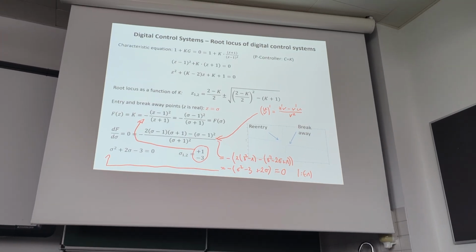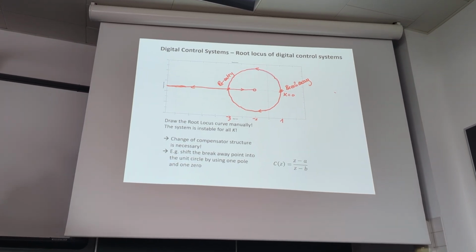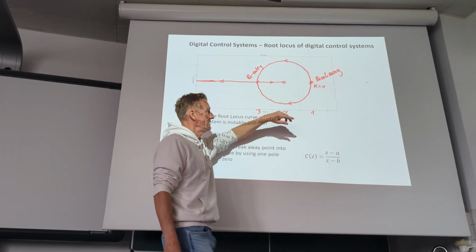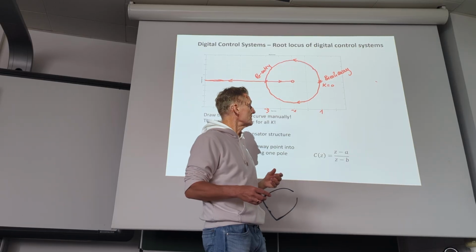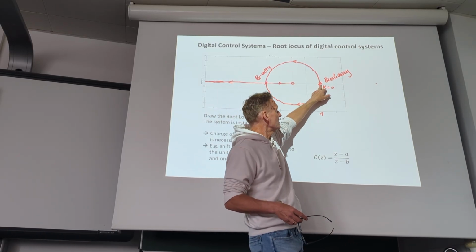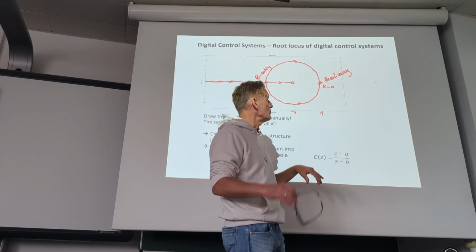So for this specific example, we were able to draw a root locus curve that looked like this. Here we have the unit circle, and this is the location of the 2 poles of the open loop transfer function.